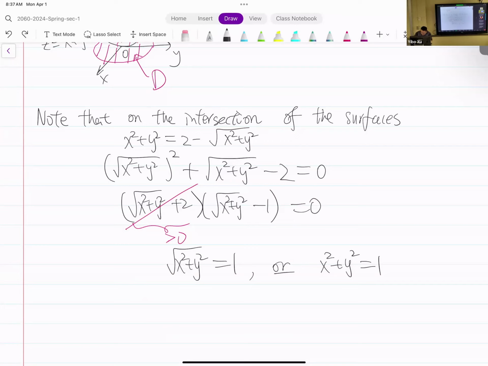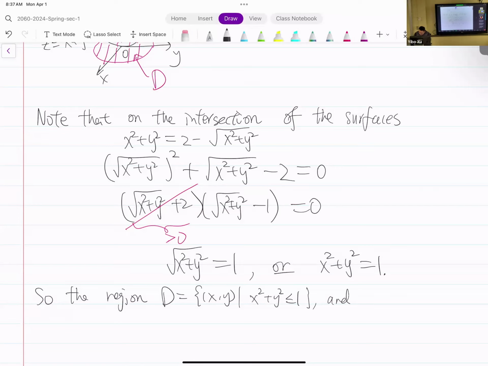So then we calculate the volume. The region D equals the xy pair such that x squared plus y squared is less than or equal to 1.